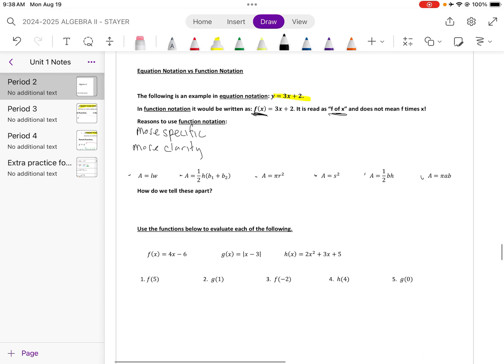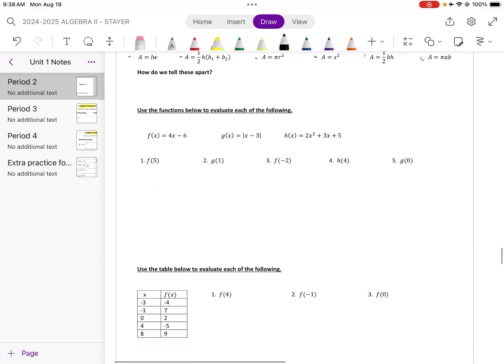But look down here. It says using the functions to evaluate. I have three different functions. I have the f of x, a g of x, and an h of x. And look at each of these letters here. They tell me which one to actually use, right? So f of 5 right here, I could say f of 5 is 4 times 5 minus 6.